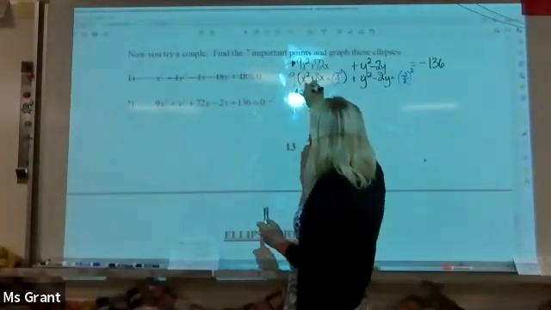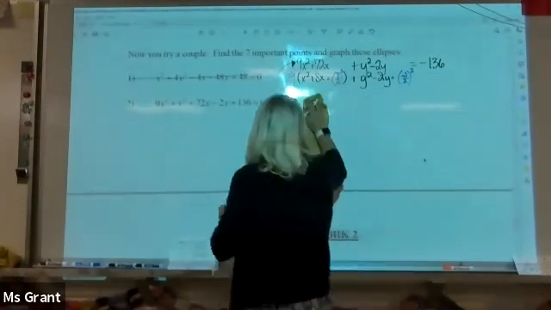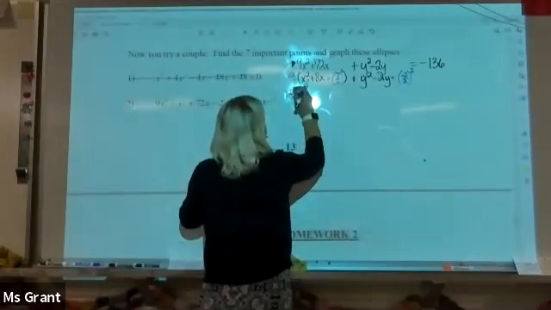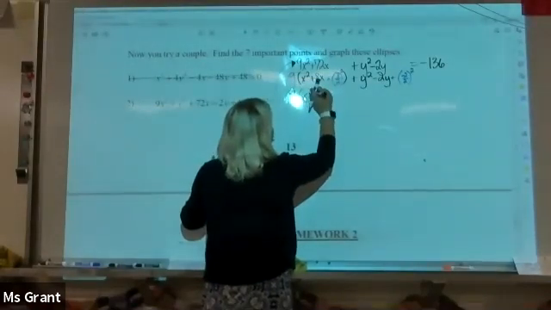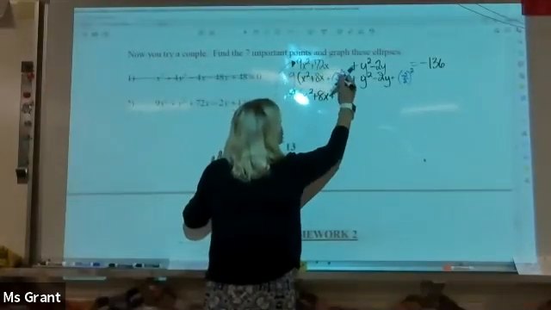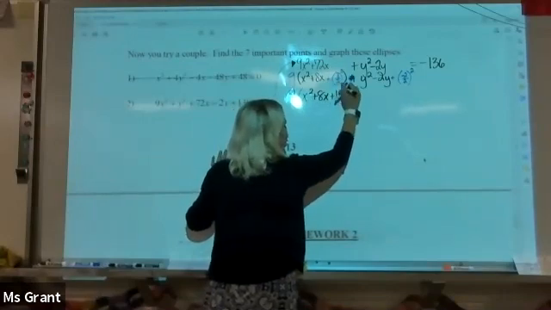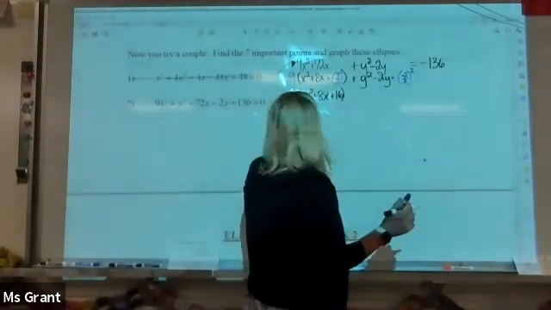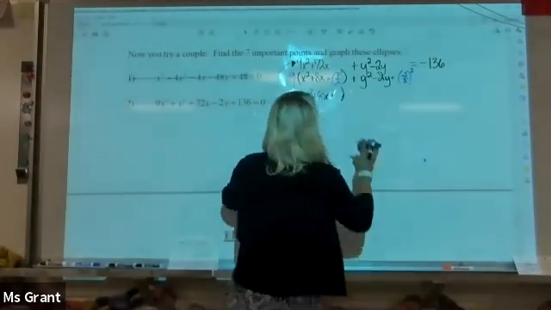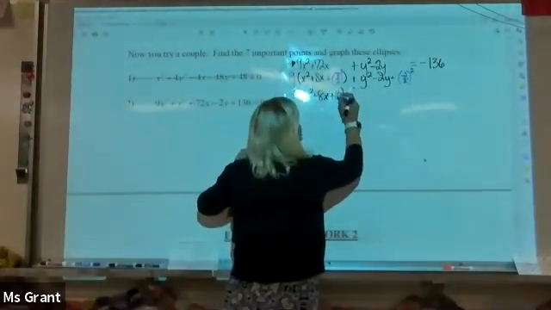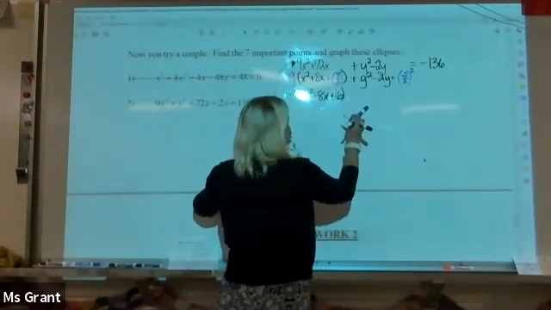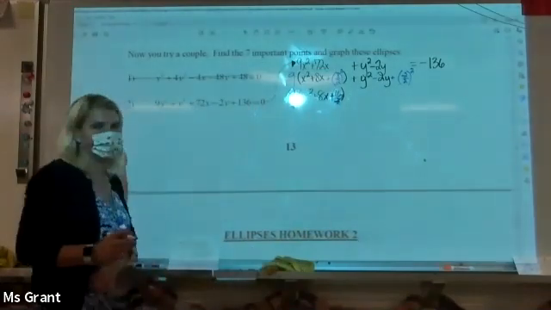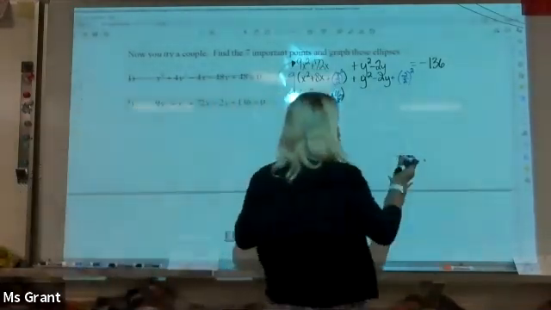So it's blue, blue, blue. Four squared. So this 16, right? This 16 and this 9 are the ones that need to be added to the other side, 9 times 16.